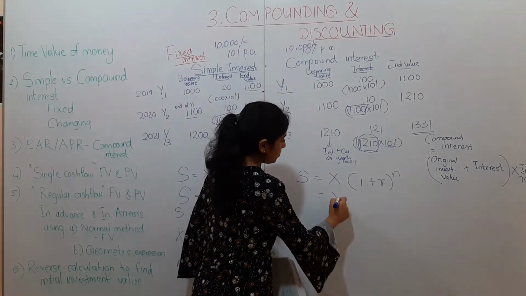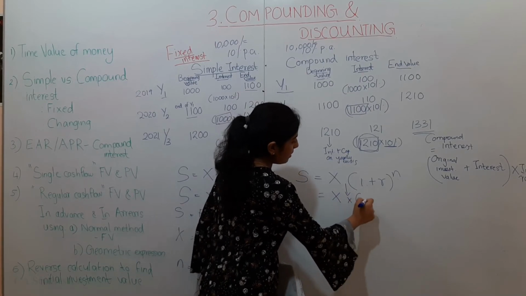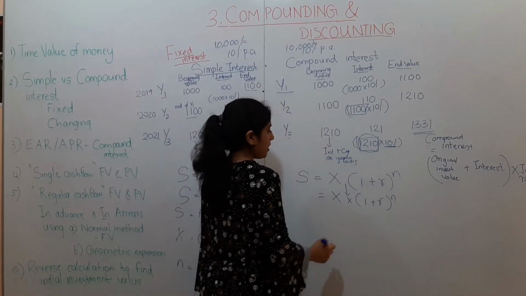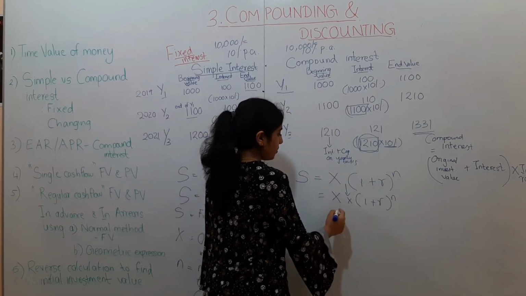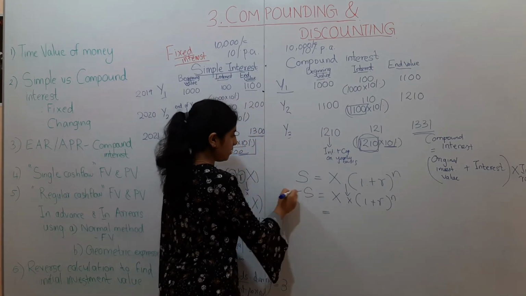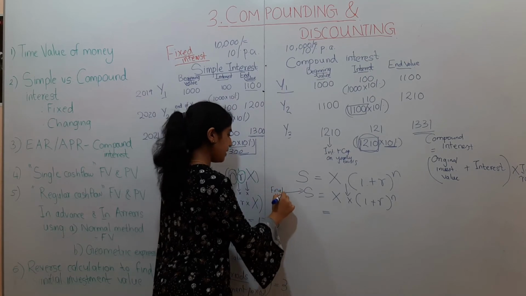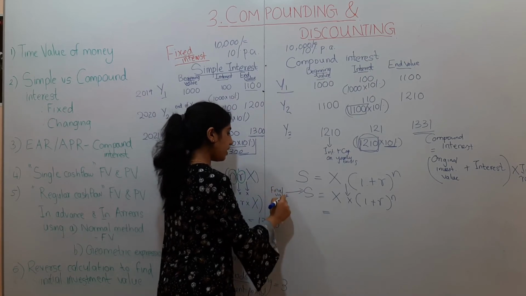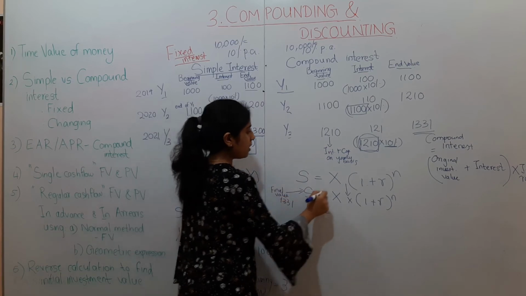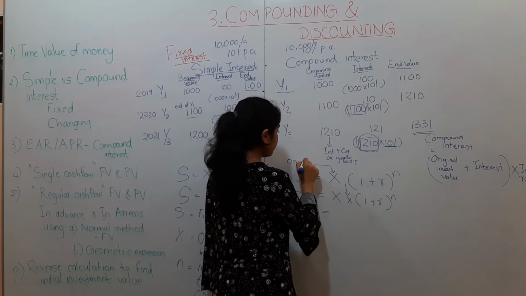So this will be looked at as X multiplied by (1 plus r) to the power n. In this case, S is the final value, same interpretations as for simple interest. Final value is 1331. X will be your original value, which is 1000.